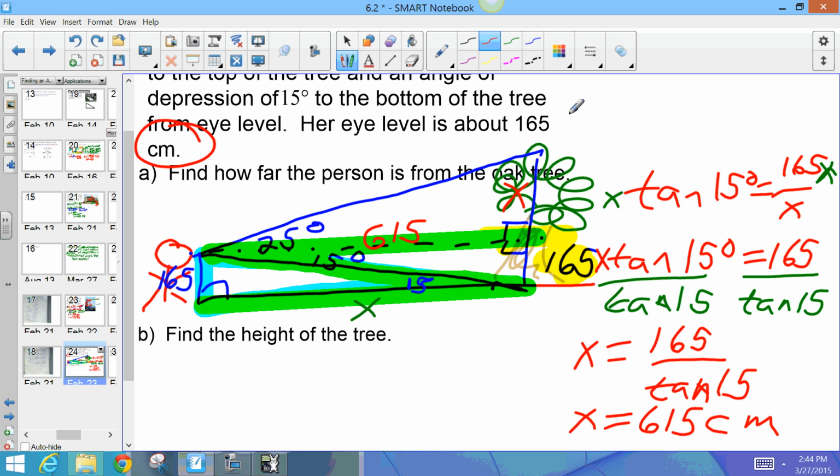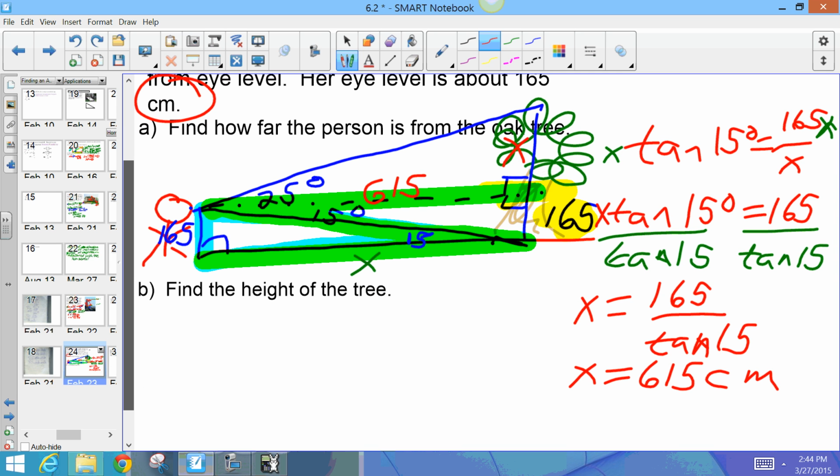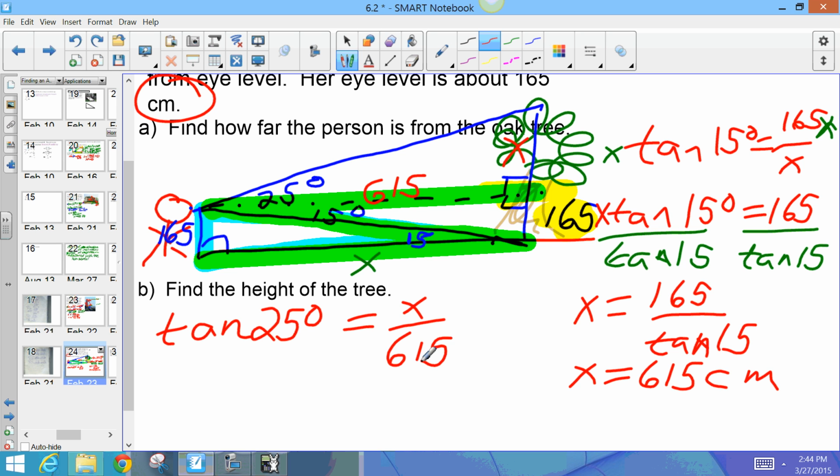Opposite is the height from the eye level to the top of the tree, and adjacent is how far she is from the tree. So tangent 25 degrees equals x over 615. 615 tangent 25 degrees equals x.